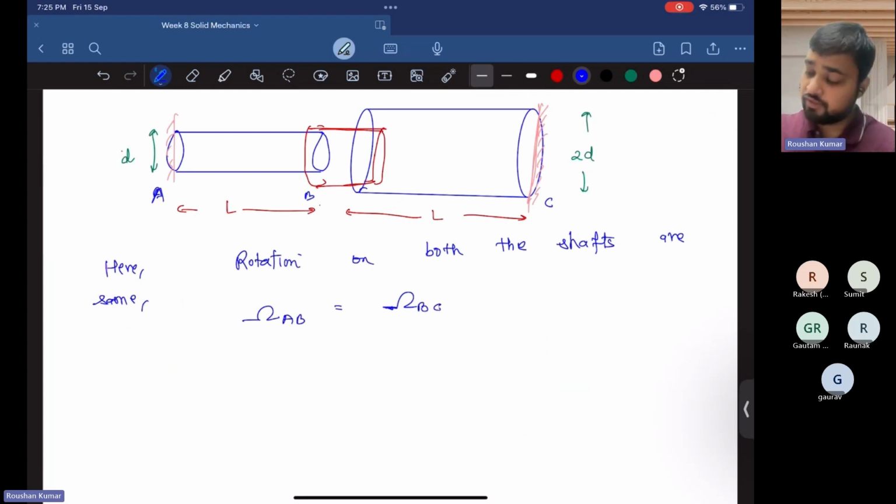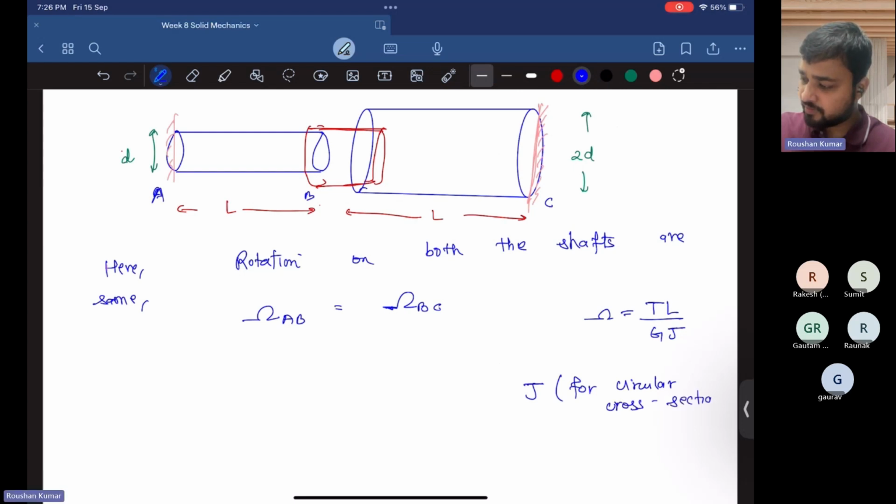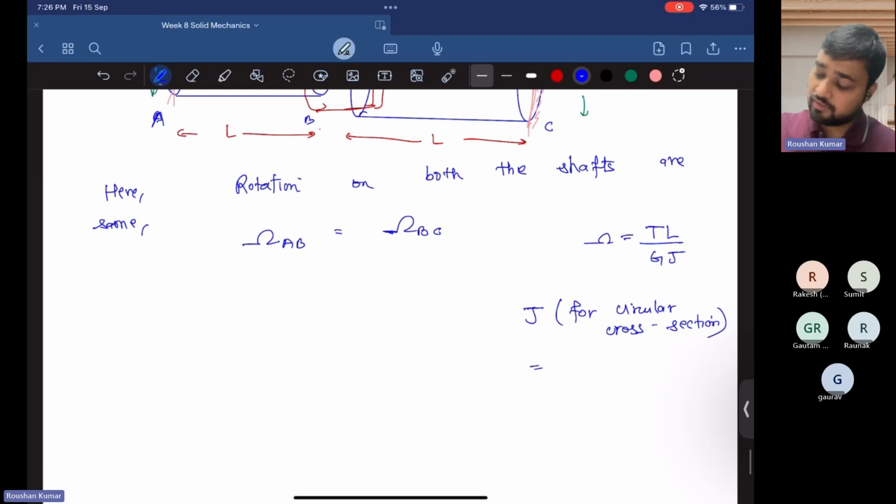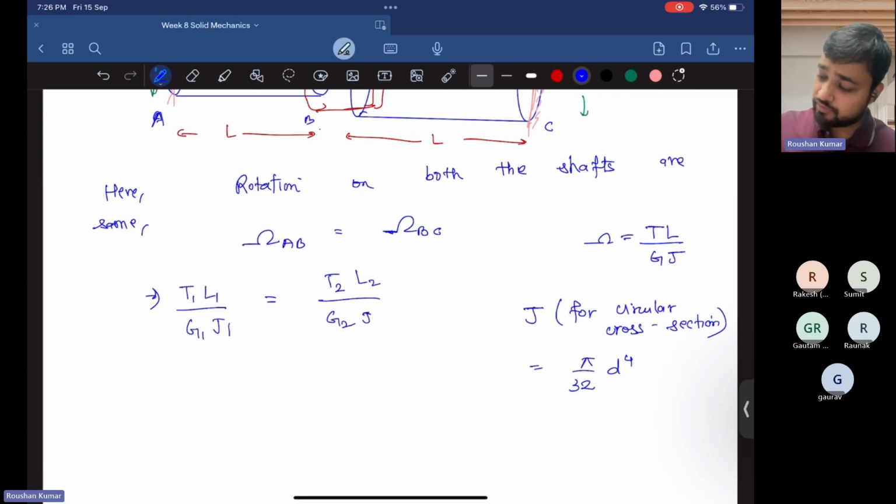And what is the rotation? It is basically TL upon GJ. And what is J for a circular cross section? J for a circular cross section is given by pi by 32 d to the power 4. So basically T1 L1 upon G1 J1 equals T2 L2 upon G2 J2.